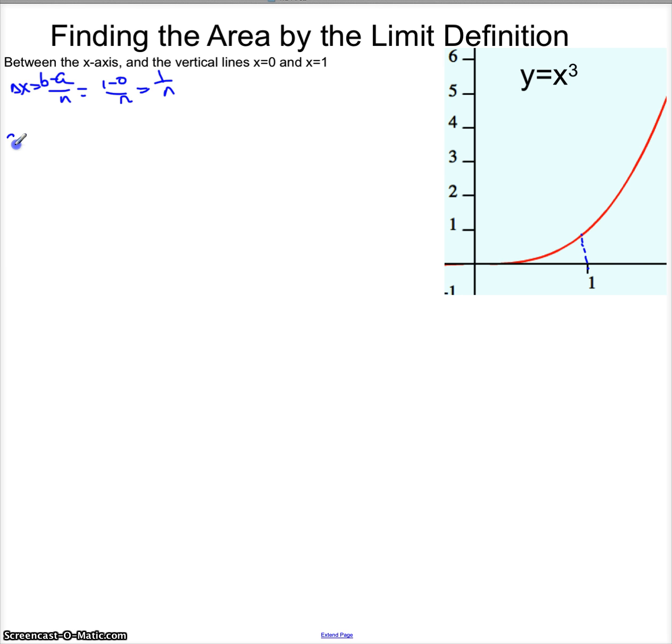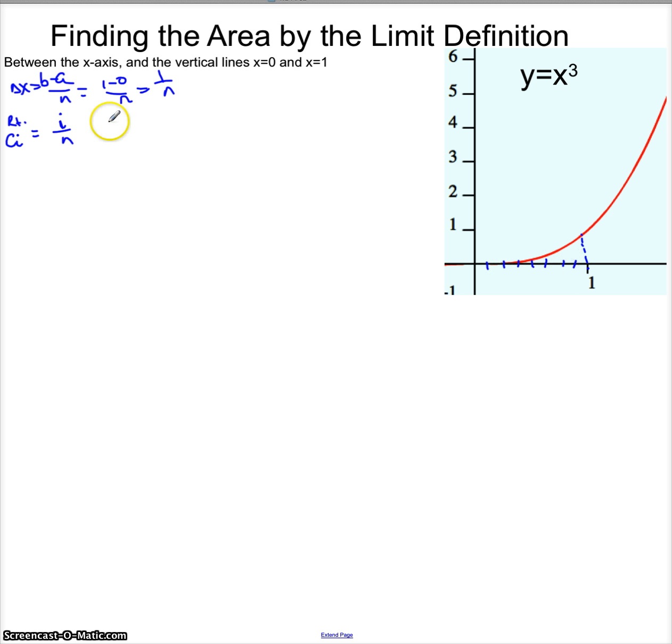Now we need to find c sub i. Let's go ahead and use, the easiest one to use is the right endpoint. So c sub i is just going to be i over n, because I want to start with 1 over n as my interval.